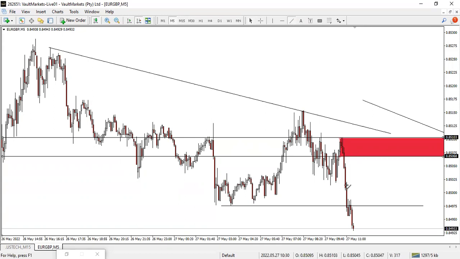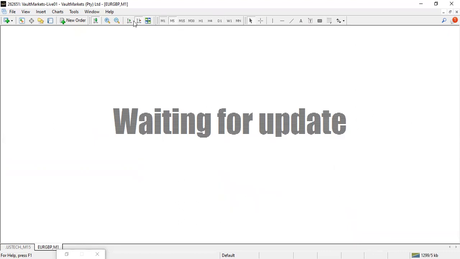Again, we have an internal structure here, which has already been, the order block at the flip zone of the structure has already been mitigated. Okay, and then that's M5, and then M1.